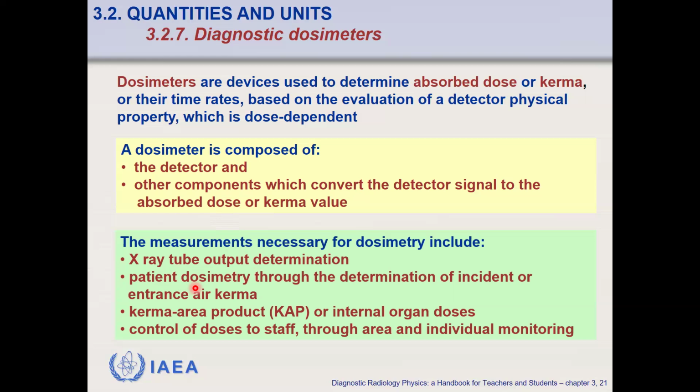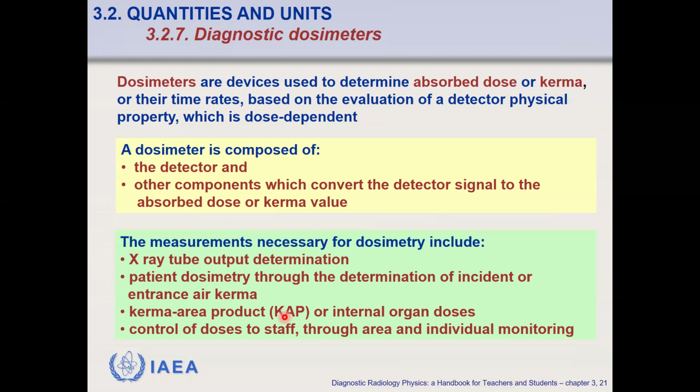So of course we can use dosimeters to measure the incident air kerma or the entrance air kerma, which quantifies the radiation dose received by the skin at the point of entry. The patient dosimetry helps in calculating the kerma area product, KAP, which is the total radiation dose multiplied by the irradiated area. Also the internal organ doses through modeling.